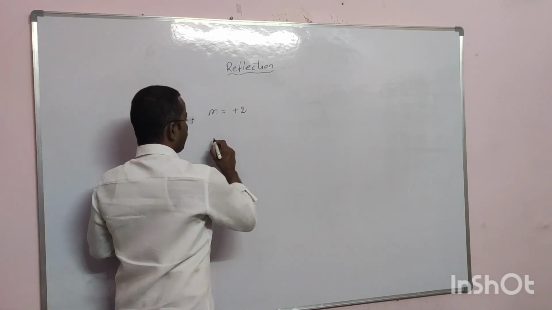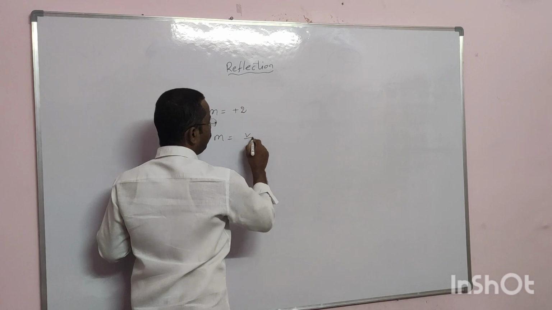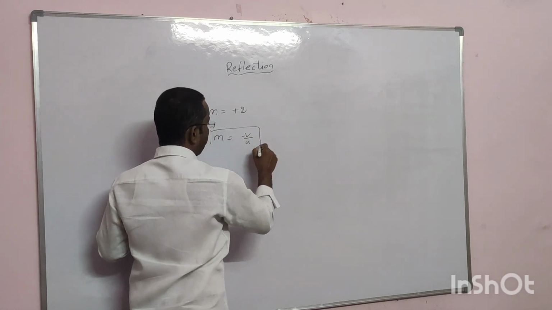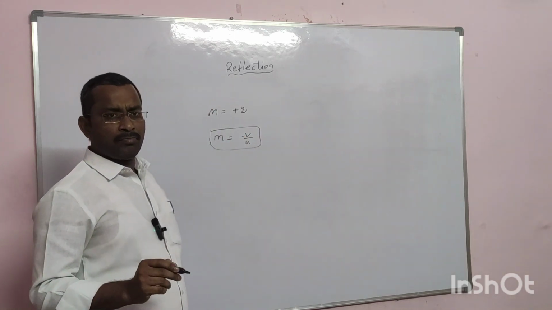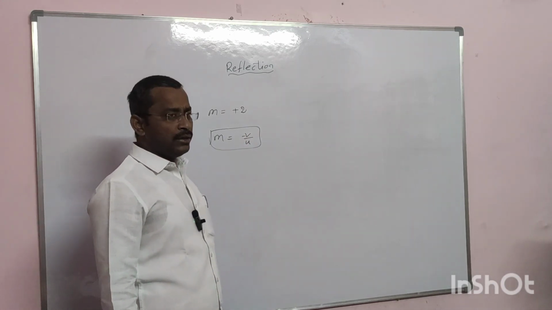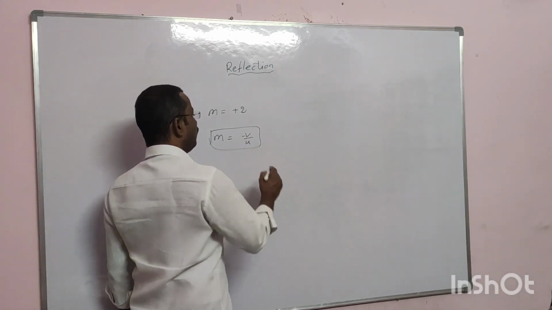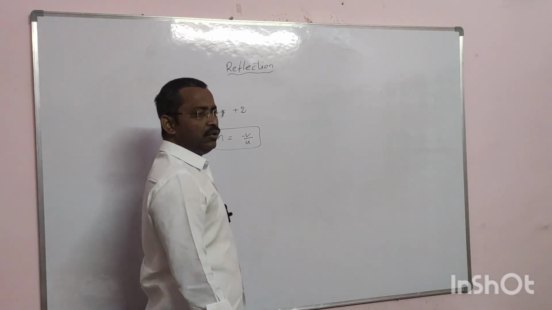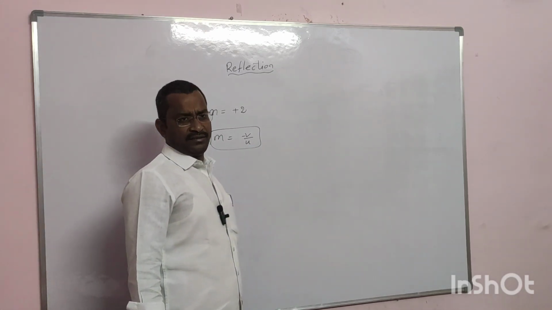So remember, always M is equal to V by U. Am I right or wrong? Forget about the minus. It is the ratio of V and U. V is the image distance, U is the object distance.